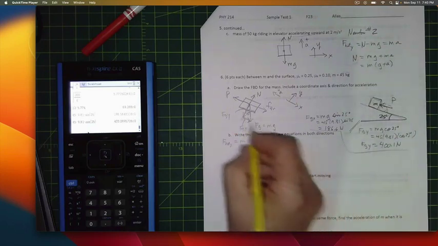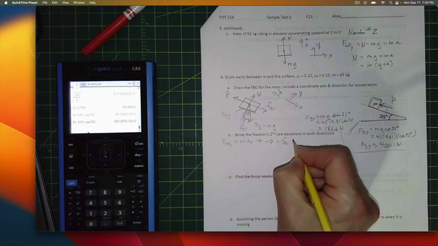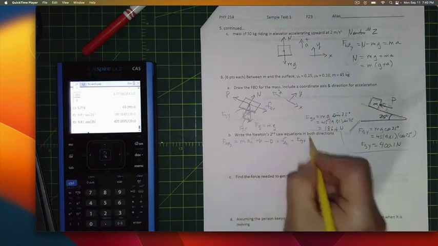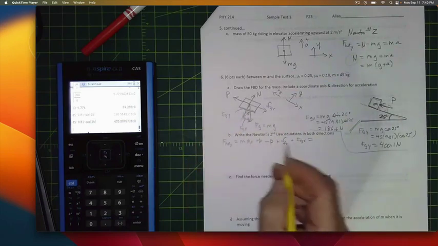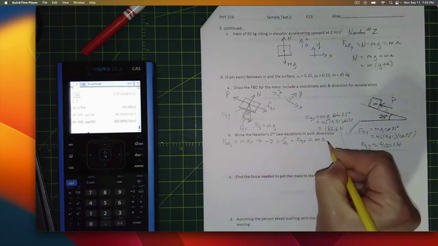The gravity component in the x direction is going in the same direction as positive x, and so plus F_Gx equals, all right, so that's F net, all the forces in the x direction, equals mass m times acceleration in the x direction.